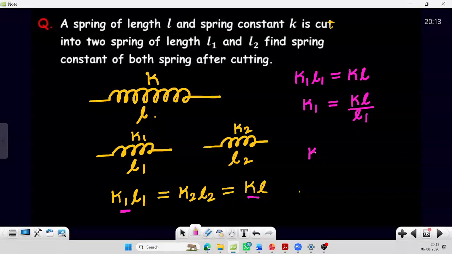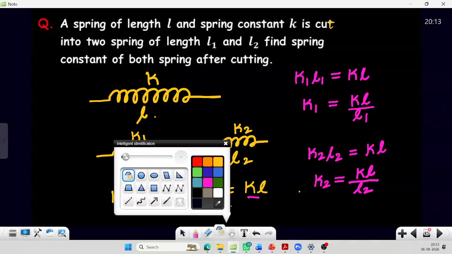Next, similarly, K2 equals what? We equate the second and fourth terms. K2 L2 is equal to K into L. So K2 equals KL by L2.